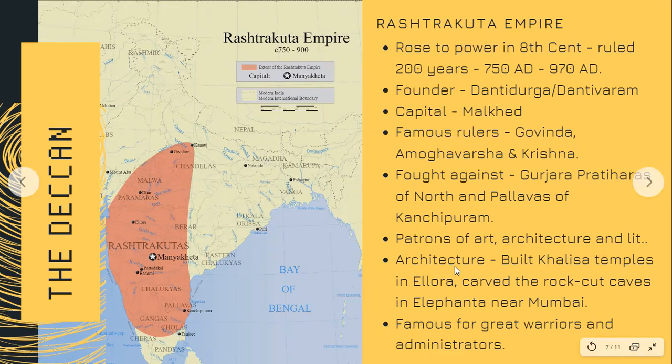In architecture, they built the Kailasa temple in Ellora and even carved the caves in Elephanta near Mumbai. If anyone of you has been to Ellora and the Elephanta caves in Mumbai, you know what I'm talking about. It was them who built this way back in the 8th century, students.